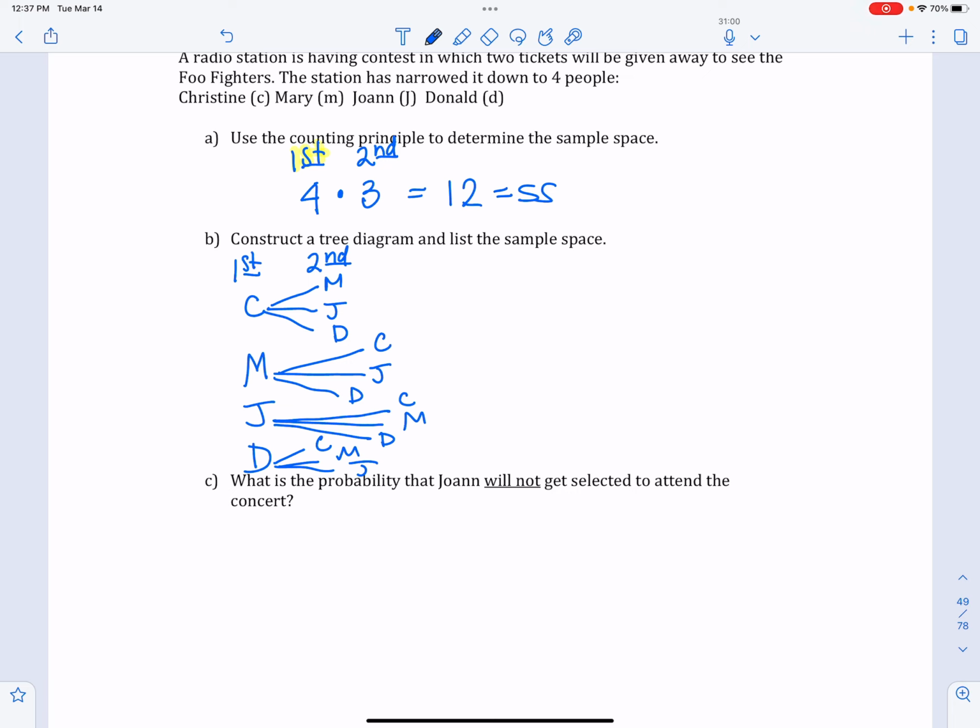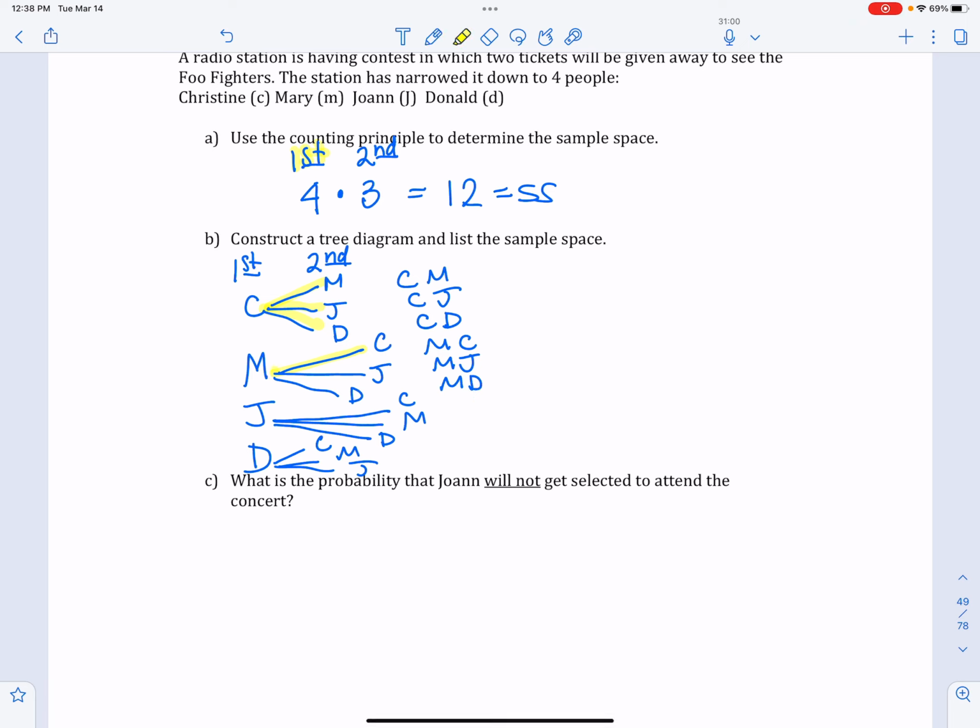So if I list out all these choices, and I'm just following along these lines here, I get Christine then Mary, Christine then Joanne, Christine then Donald. Now I'm going to go down to the next one. My next choice would be Mary then Christine, Mary then Joanne, and Mary then Donald.